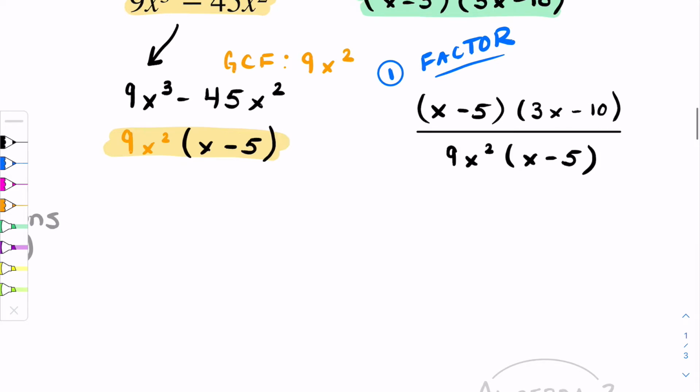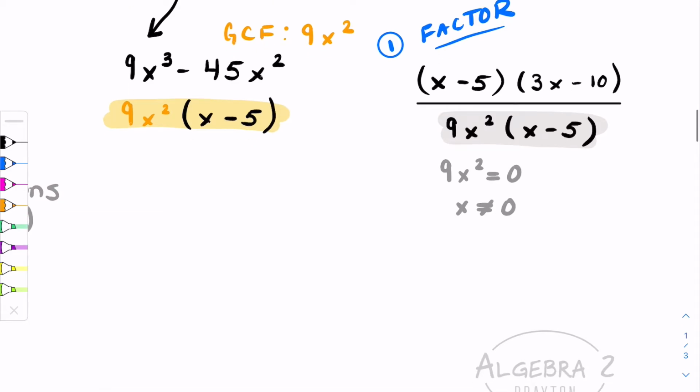Step 2 is to identify your domain restrictions, which means I need to take this denominator and set it equal to 0. So if I set 9x squared equal to 0, divide both sides by 9, take the square root of both sides, either way it's equal to 0, so x cannot equal 0. There's one of your restrictions. The other restriction comes from when x minus 5 is set equal to 0. That gives you a restriction of x cannot equal positive 5.